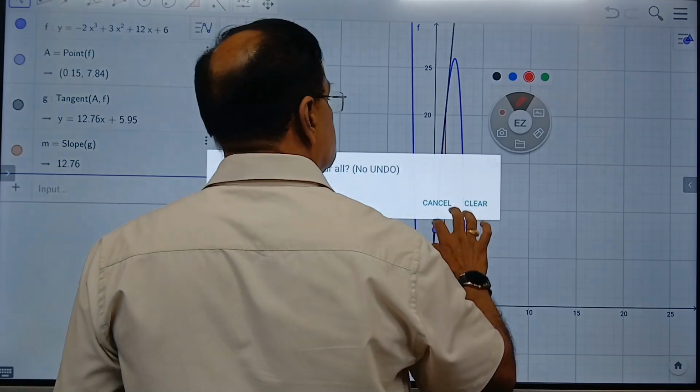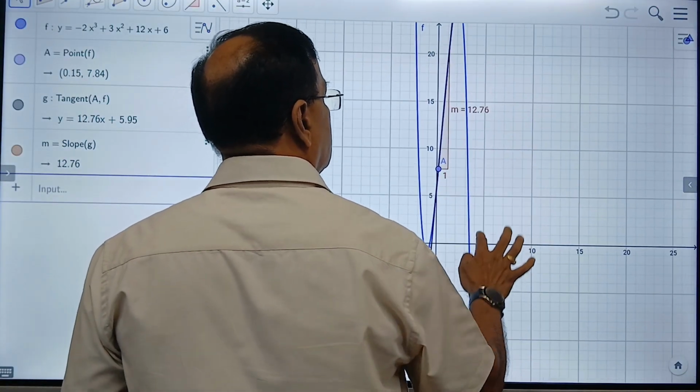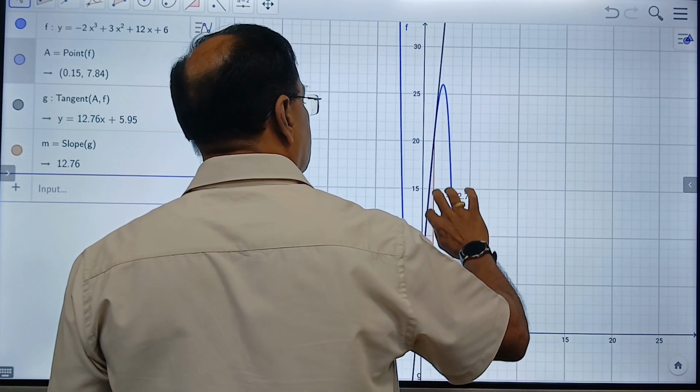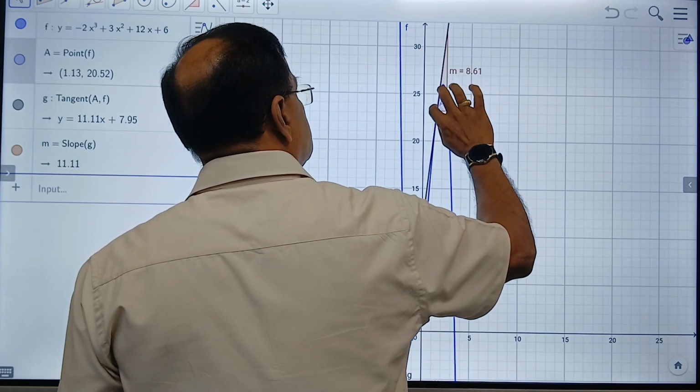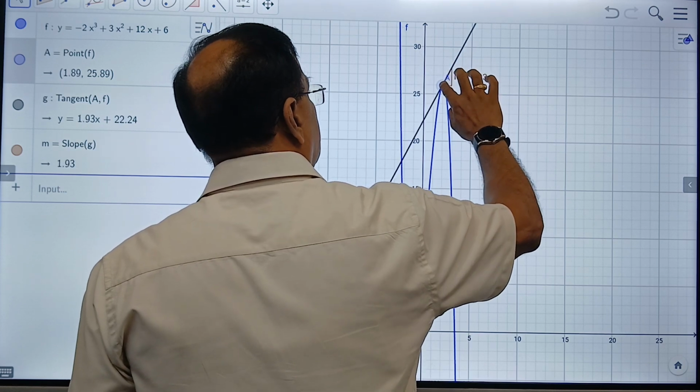When you reach this particular point, dy by dx will be 0.